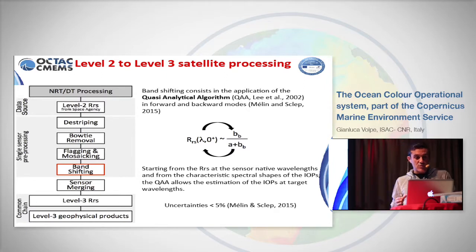So starting from the remote sensing reflectance at the sensor native wavelengths, this algorithm allows you, through the characteristic spectral shapes of the IOPs, to estimate the IOPs at the target wavelengths. So we can use a common set of wavelengths for all sensors, and this is possible with uncertainties below 5%, which is a very good result.